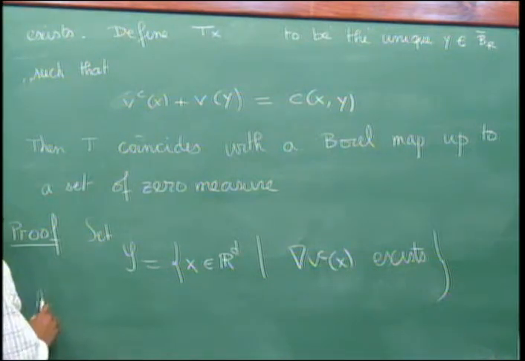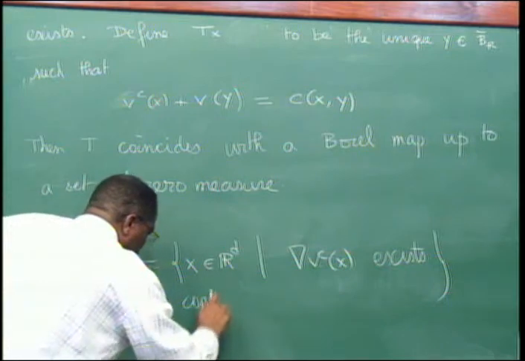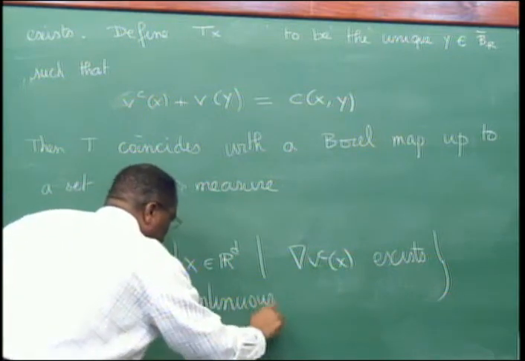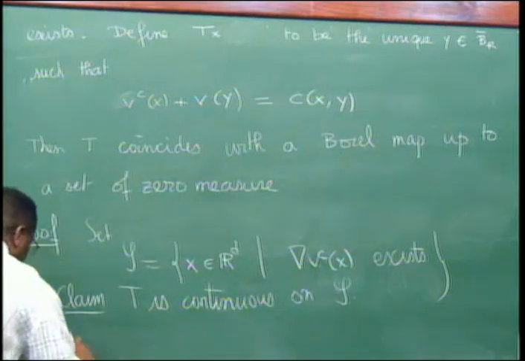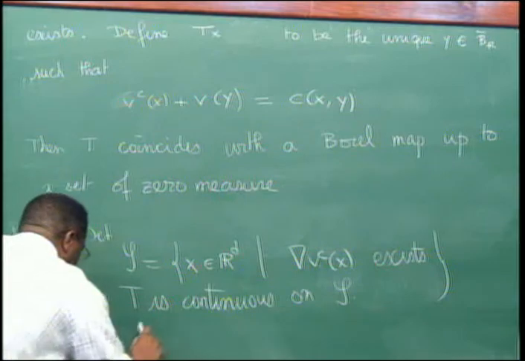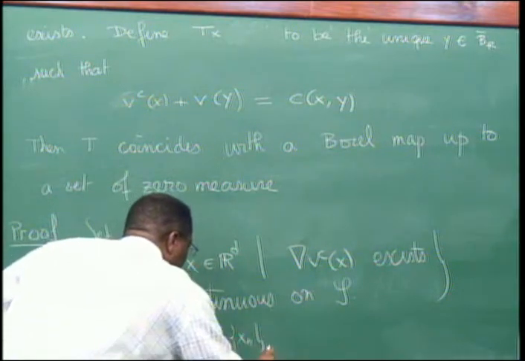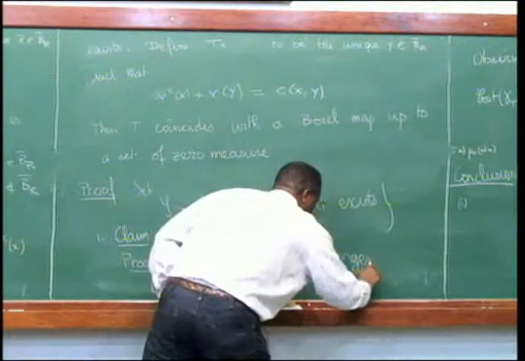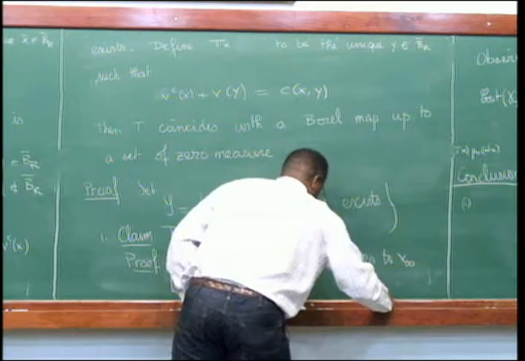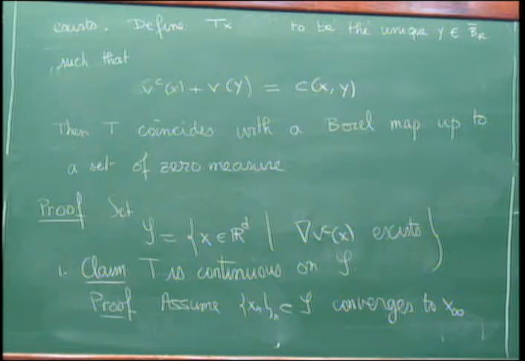Claim: T is continuous on S. Proof. Assume x_n is a sequence in S that converges to x_infinity. I want to prove that x_infinity is in S and T of x_n converges to T of x_infinity.